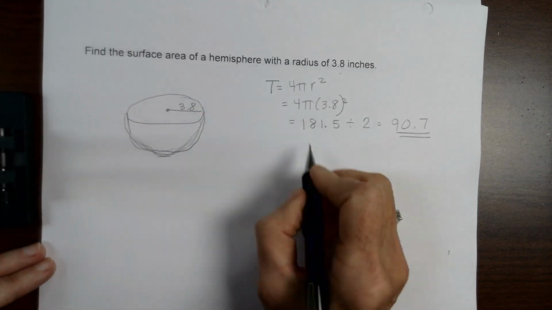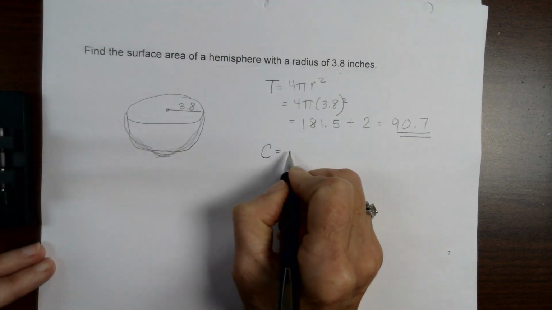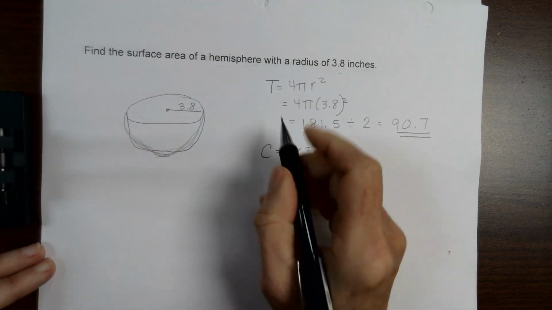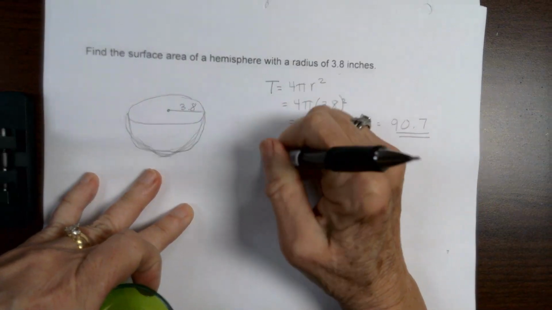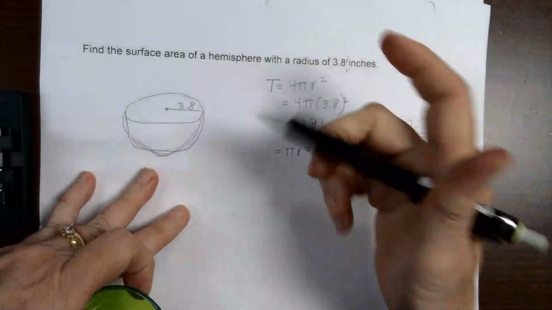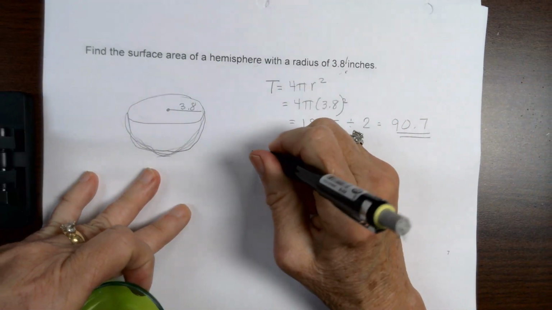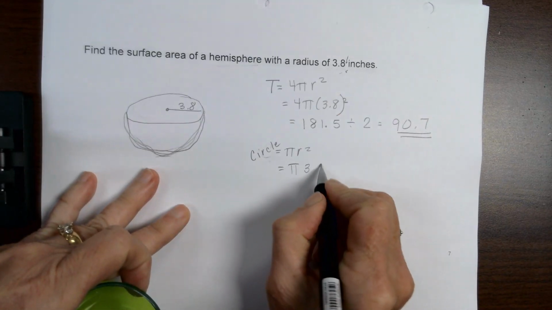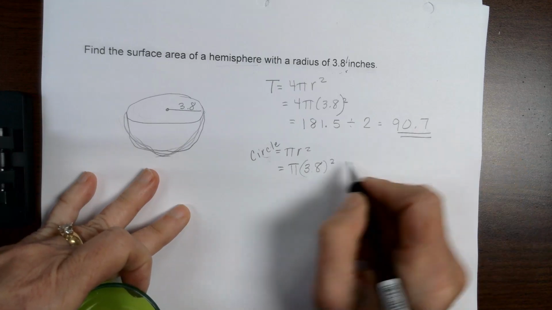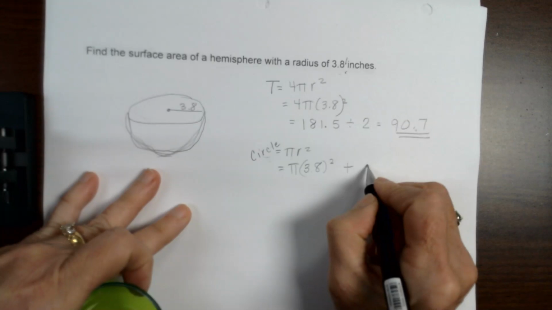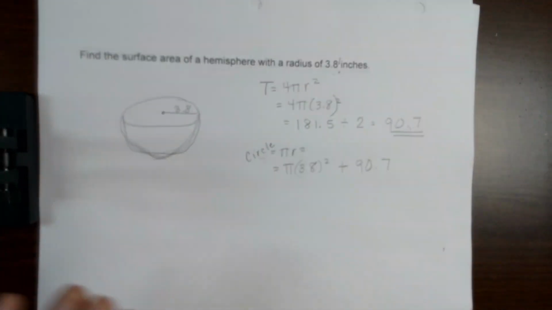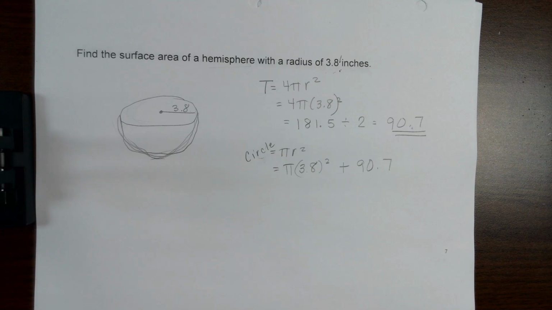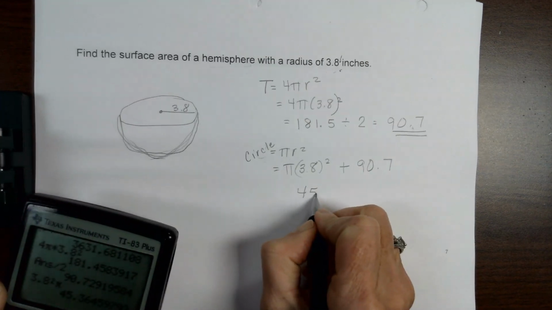But the area of this circle, so remember circle is pi r squared. I better not do it that way. That kind of looks like circumference. Okay, so I have pi times 3.8 squared. And then I'm going to add this part that I already got right here. So 3.8 squared times pi is going to give me 45.4.